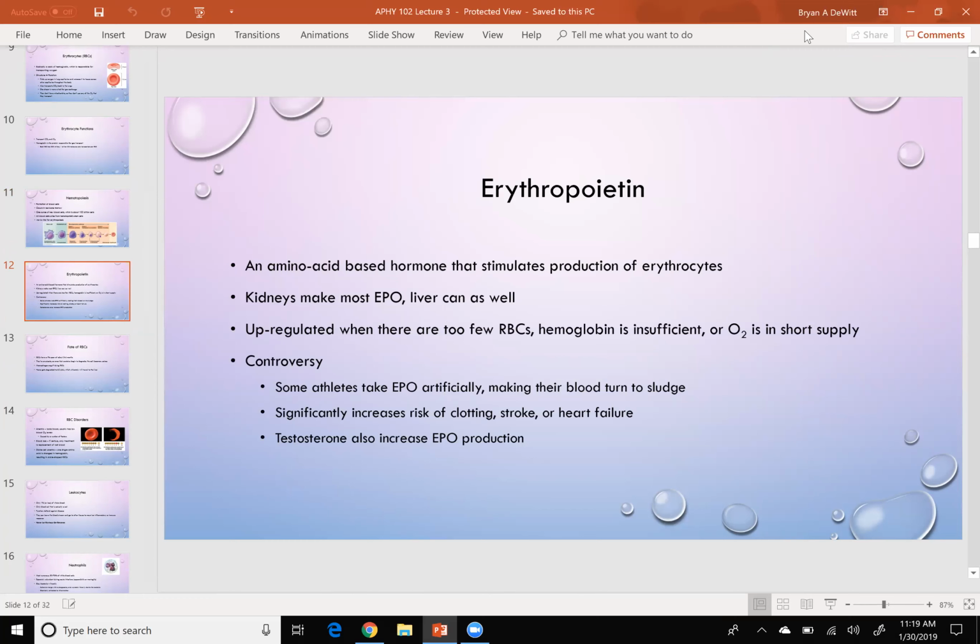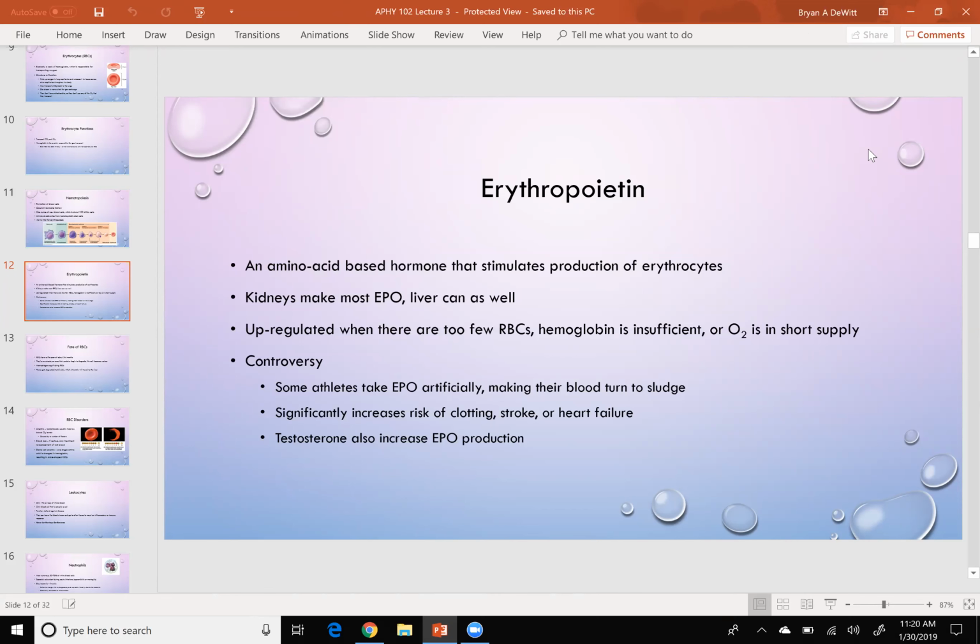Basically, some athletes will take erythropoietin artificially to make their blood thicker. That transports oxygen more effectively and allows you to recover faster after your injuries or after weightlifting, which would theoretically make you perform better. And it actually works really well.